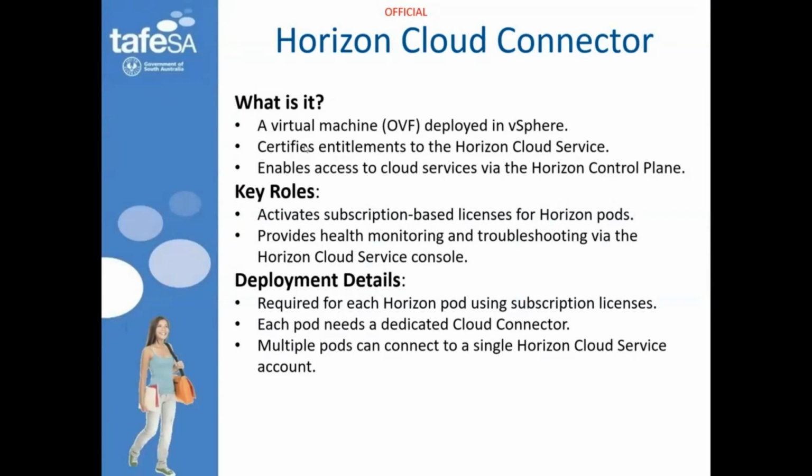He has these entitlements. It enables access to cloud services via the Horizon Cloud control plane. And the key role is to activate subscription-based licenses for Horizon pods. Obviously, it's almost how do they get their money, right? So if they check and it allows you to go through, it means that you've activated it.